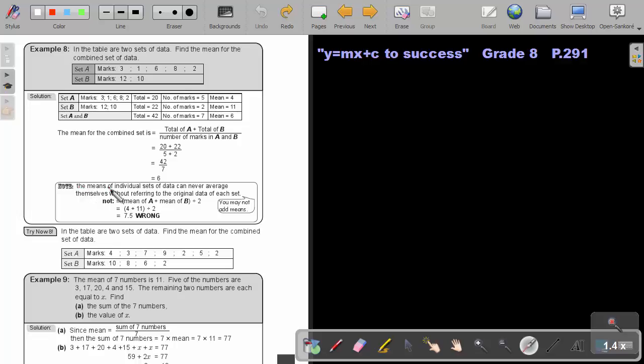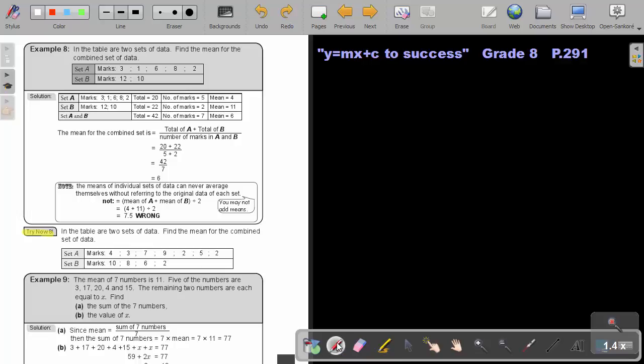So note, the means of individual sets of data cannot be averaged without referring to the original sets of data. Just meaning you cannot just say 11 plus 4 and then I get 15 and I divide it by 2 and I get 7.5. That is wrong. Okay. I want you again to stop the video, and do Try Now 8, and then as soon as you are finished, you can continue with the video.